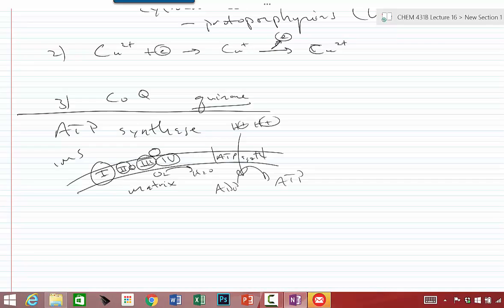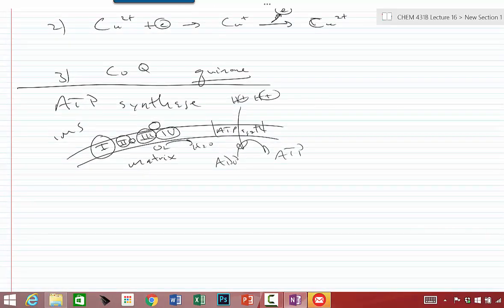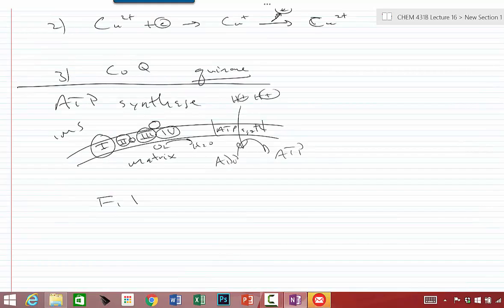And ATP synthase is composed of two parts, something known as F1 and F0. And I think these are named because that's the way they were purified. I think these are probably fraction 0 and fraction 1. That's probably how they were purified. I'm not sure. F0 is a membrane protein.